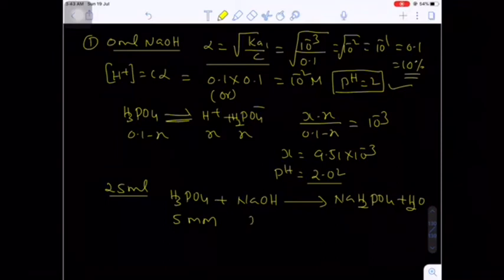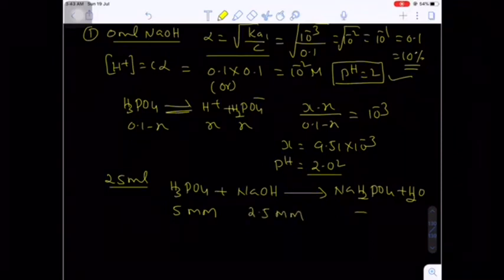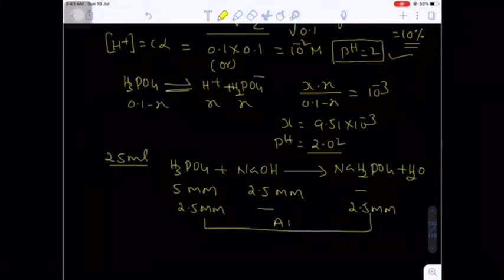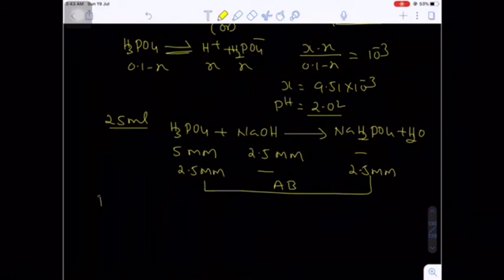Phosphoric acid is 50 ml, 0.1 molar, so you have 5 millimoles of phosphoric acid, and NaOH will be 0.1 into 25, so 2.5 millimoles. With 2.5 as the limiting reagent, 2.5 millimoles of acid will be left and 2.5 millimoles of salt will be formed. That means you are getting an acidic buffer.